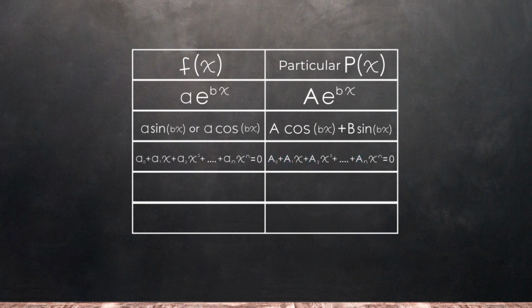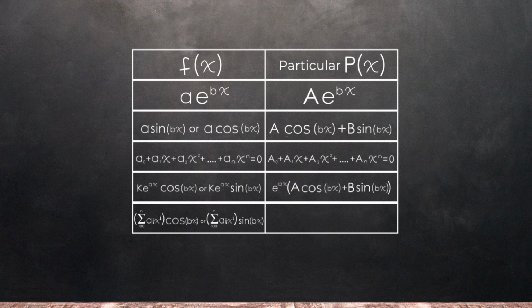F of x can also be a combination of the above three functions multiplied together. A few examples include the product of an exponential function and a sine or cosine function, which would correspond to a general particular solution of the exponential and the sum of cosine and sine with undetermined coefficients a and b.